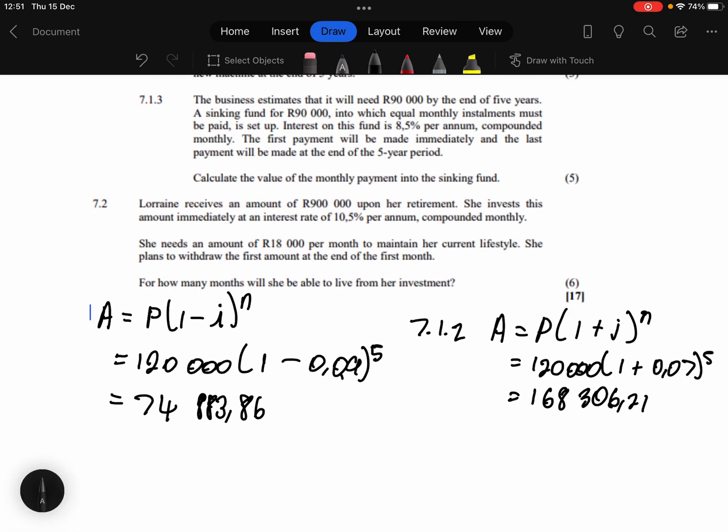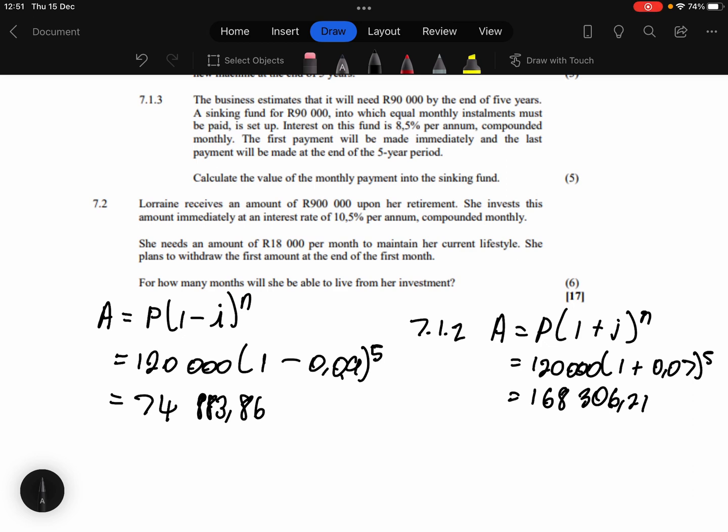7.1.3. The business estimates that it will need 90,000 by the end of 5 years. The sinking fund for 90,000 into which equal monthly payments must be paid is set up. Interest on this fund is 8.5% per annum, compounded monthly. The first payment will start immediately and the last payment will be made at the end of the 5-year period.